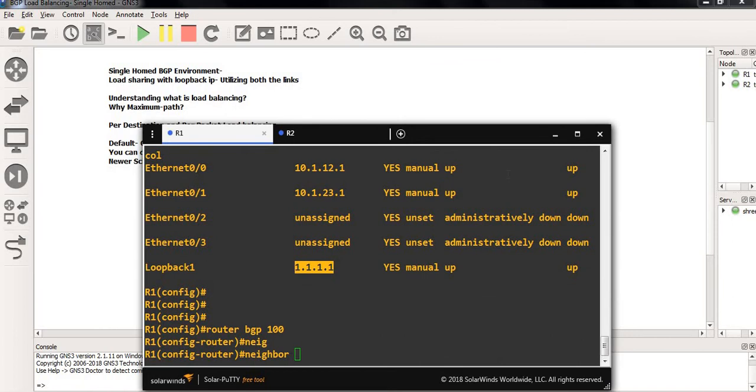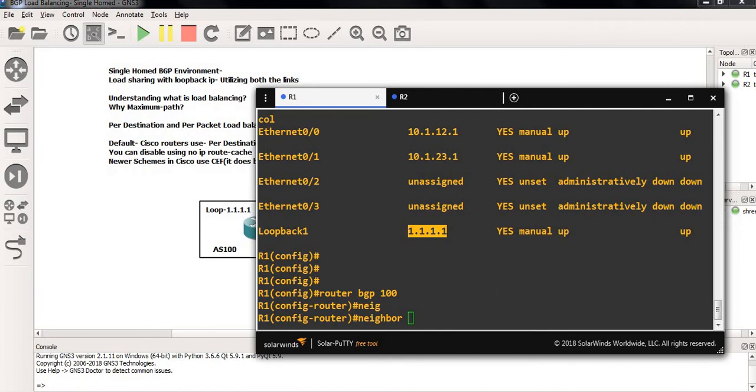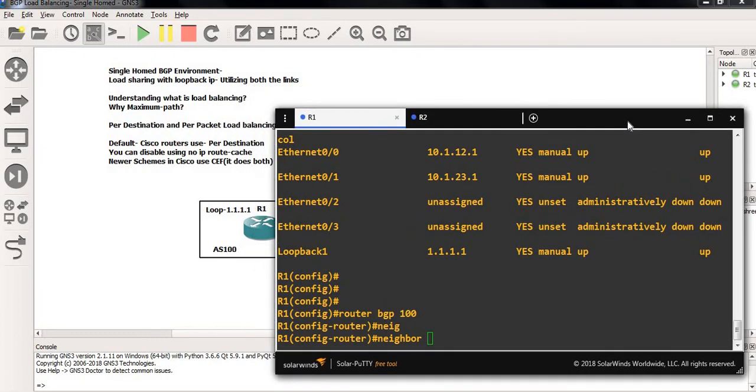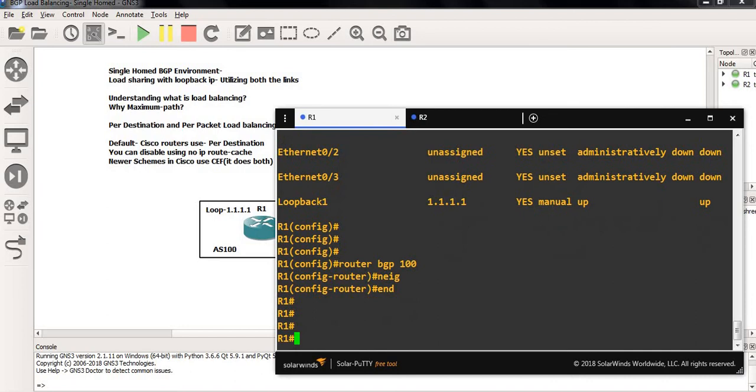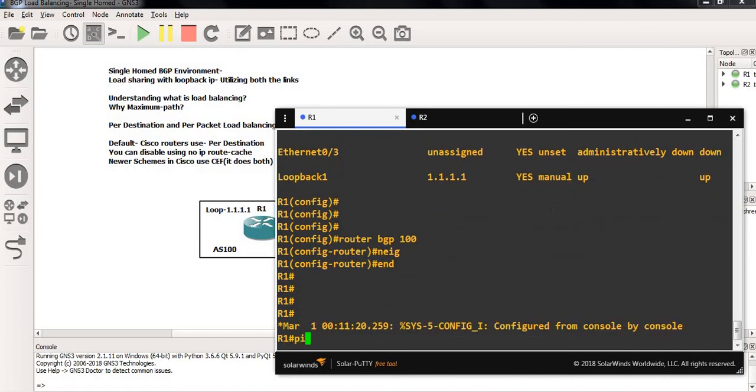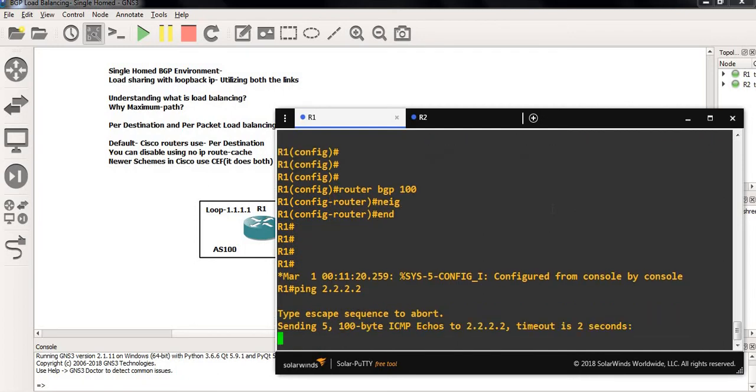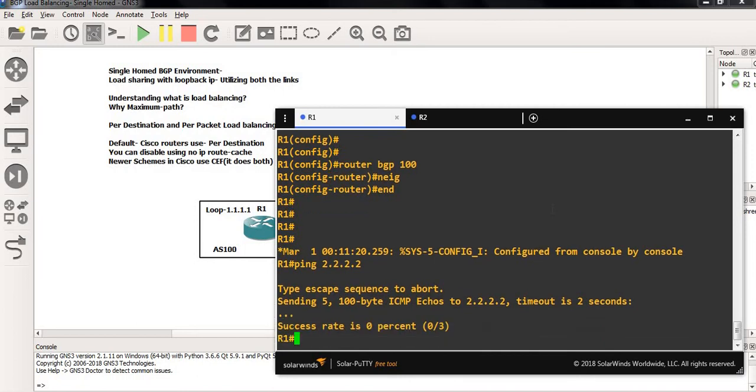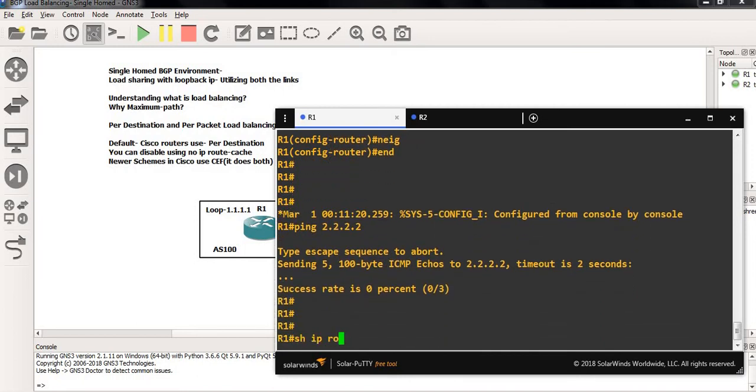Just one more thing: before we start doing a BGP configuration, we should have reachability to the 1.1.1.1 and 2.2.2.2 networks from router 1. So ping 2.2.2.2. I should have reachability, but I will not have any because we don't have this route.